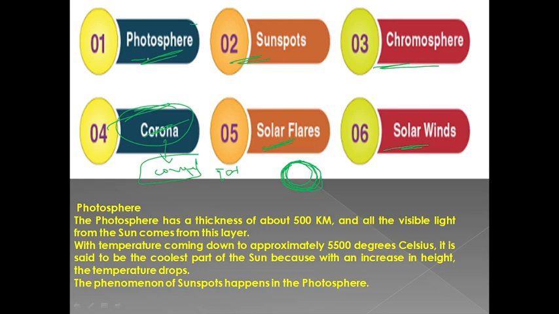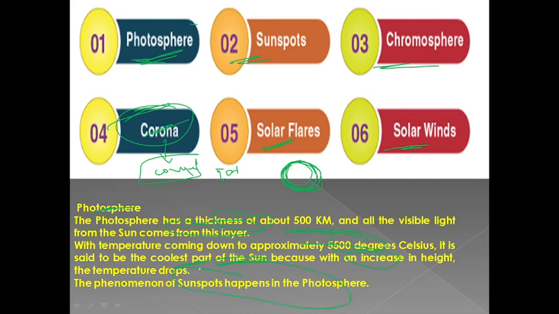If we first go through the photosphere, it has a thickness of about 500 kilometers, and all the visible light from the sun comes from this layer. With the temperature coming down to approximately 5500 degrees Celsius, it is said to be the coolest part of the sun, because with the increase in height the temperature drops. The phenomenon of sunspots happens in the photosphere.